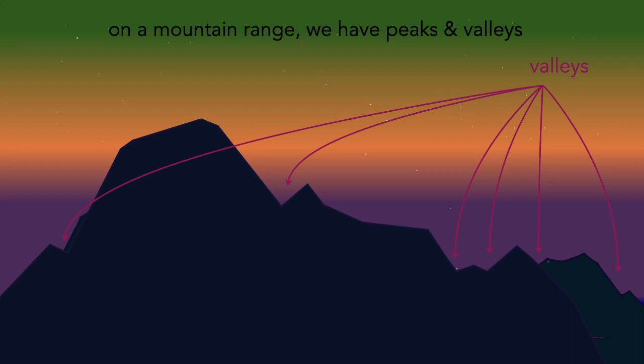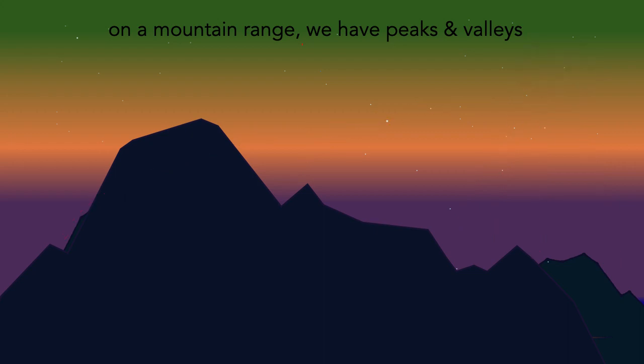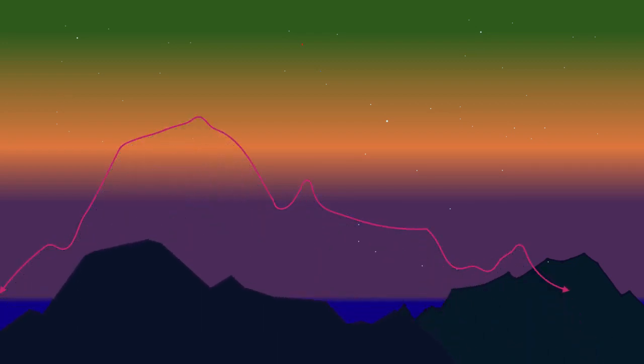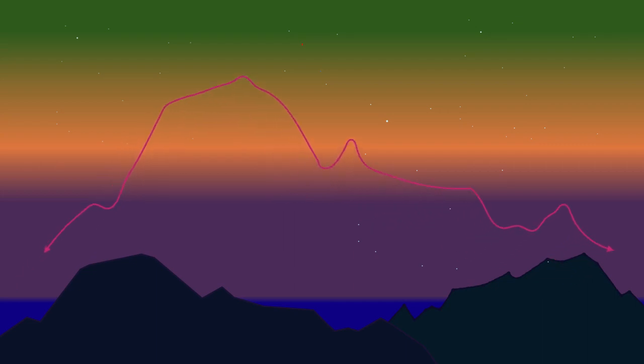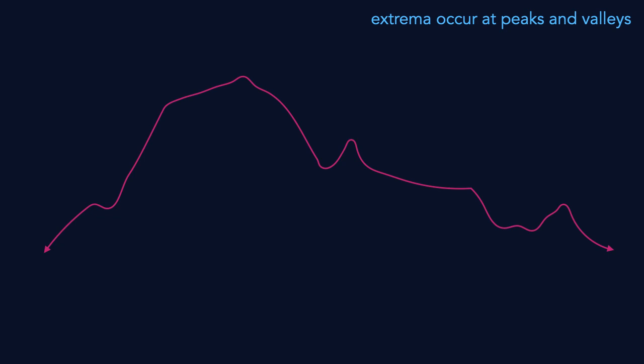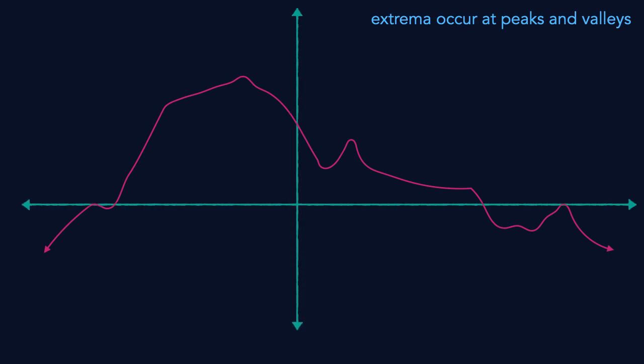The same thing is going to hold for a function. So let me actually just trace that thing. And we're going to make that into a function f. So our extrema are going to occur at the peaks and the valleys.